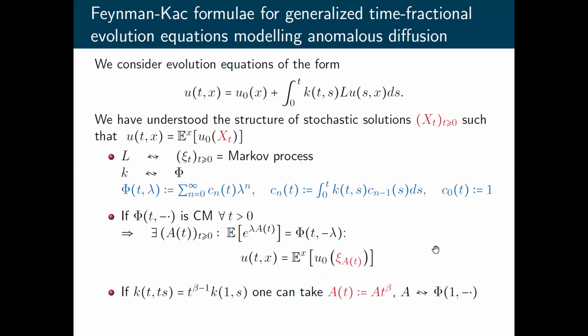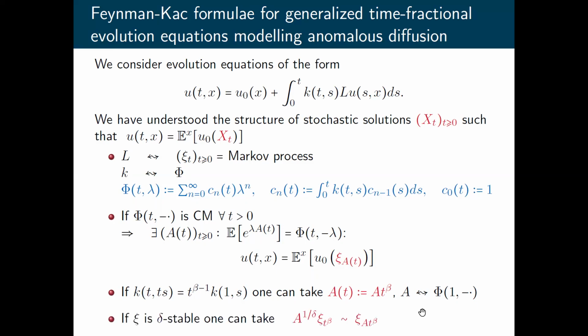Second step, in the case when our kernel K is time homogeneous, we can use instead of the process A of t, the process which looks like this, a particular random variable A multiplied with t to the power beta. So we have split up randomness and dependence on time, and this random variable A is just any random variable whose distribution is given in terms of our function phi at time point t equal to 1.